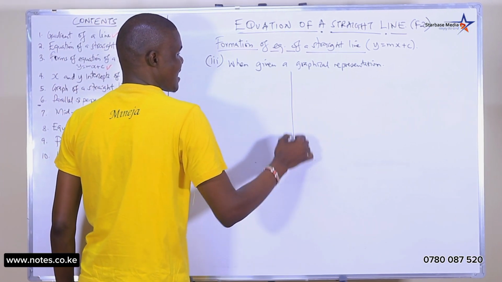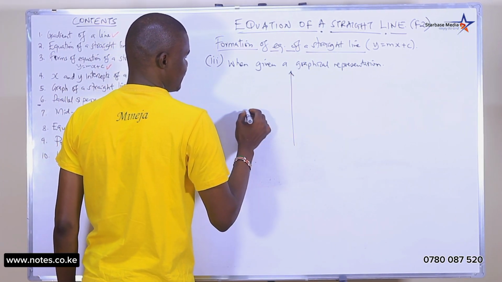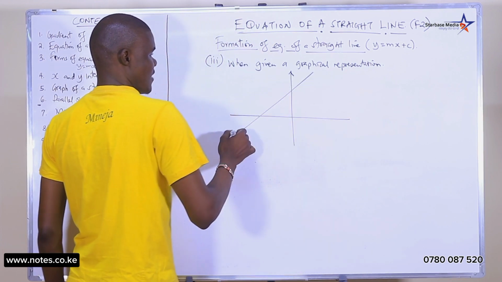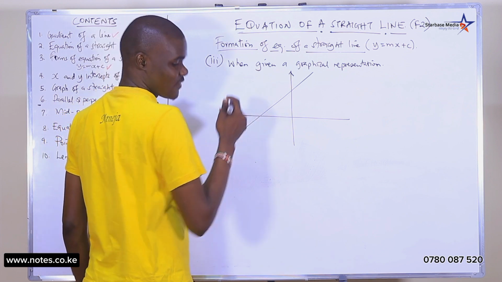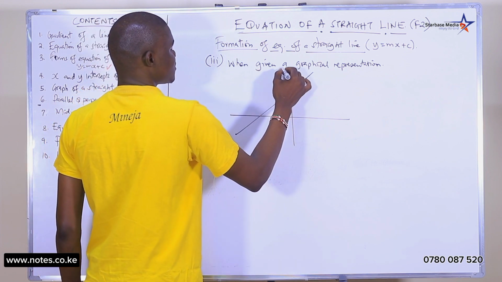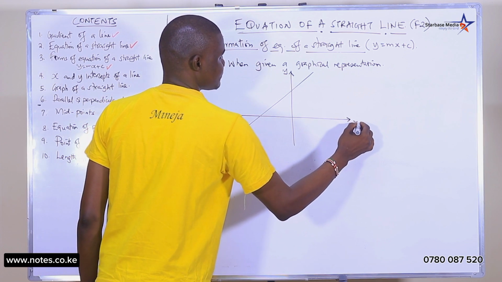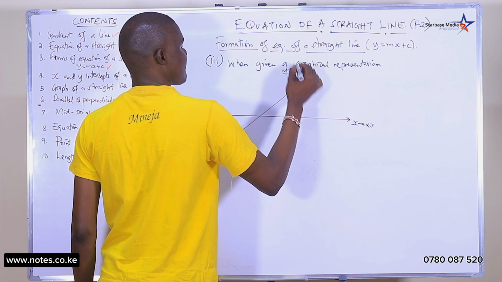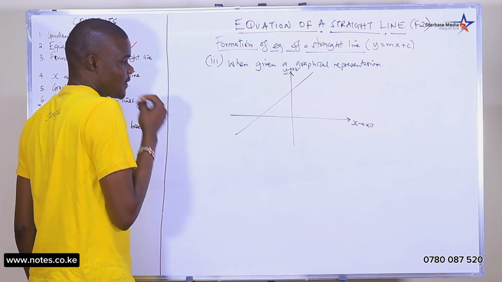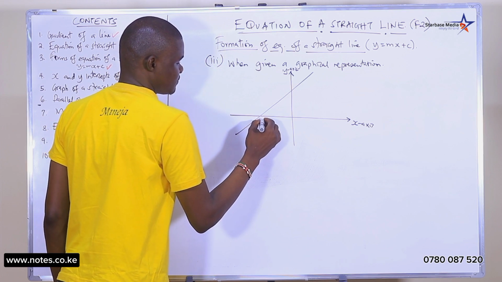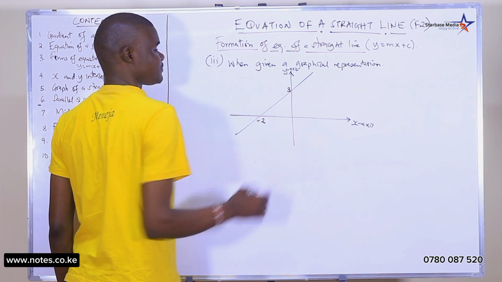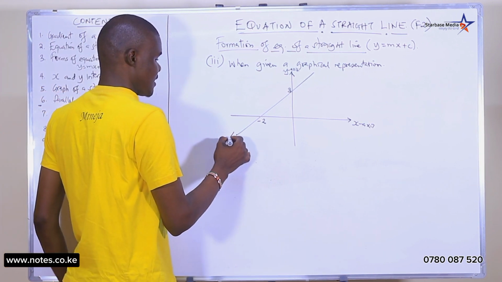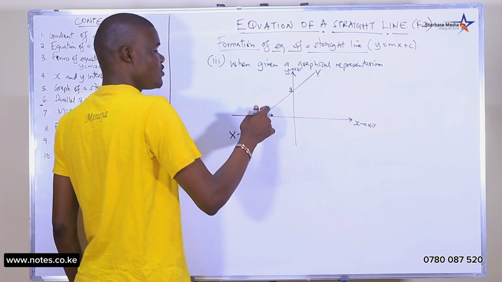For example, in the exam, they give you this, and they say this is the y-axis, this is the x-axis. And then they tell you, maybe this is -2 and this is 3. How can you form an equation of this line? Already you have 2 points.